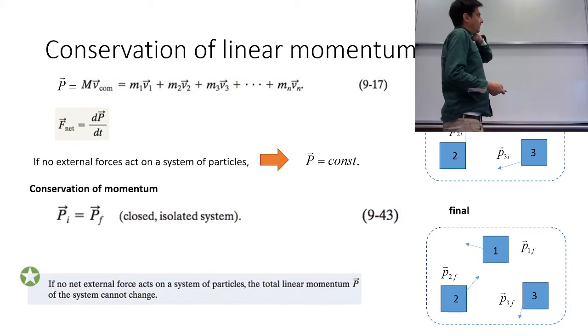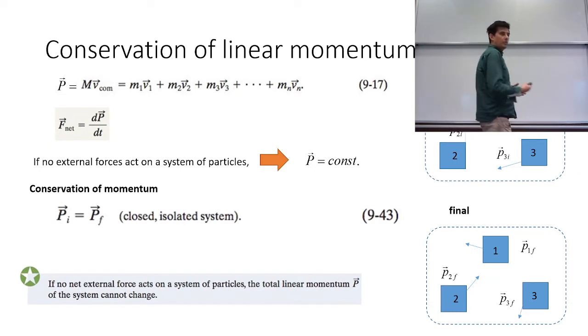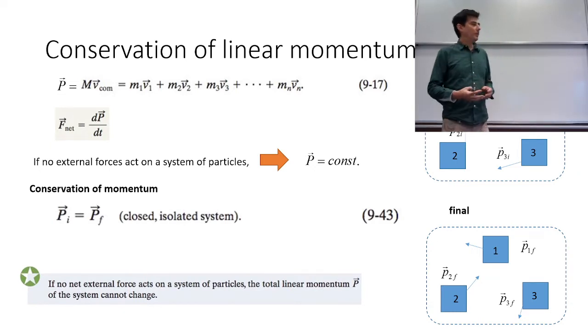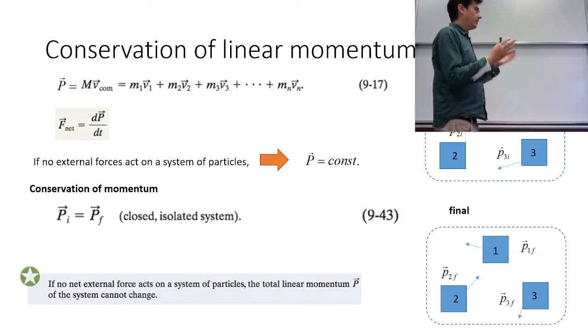We went through conservation of momentum. So if we calculate the total momentum of a system, then it's conserved, so long as there are no external forces acting on the system. So you have to remember that it's limited to a closed system.